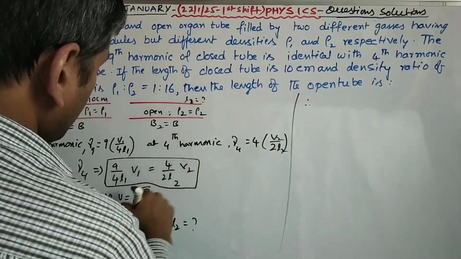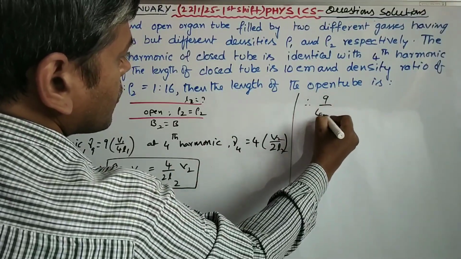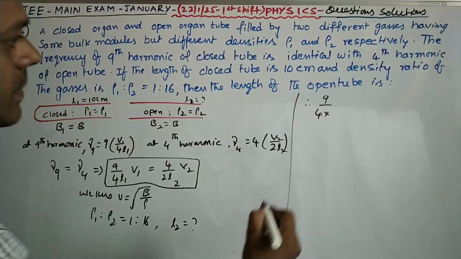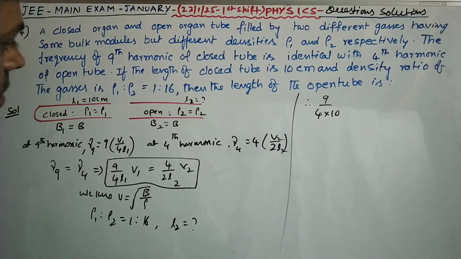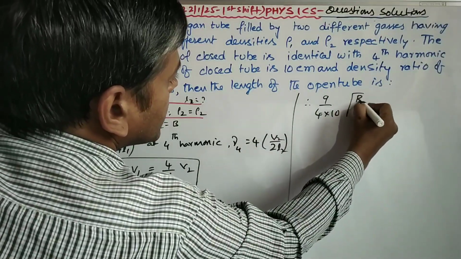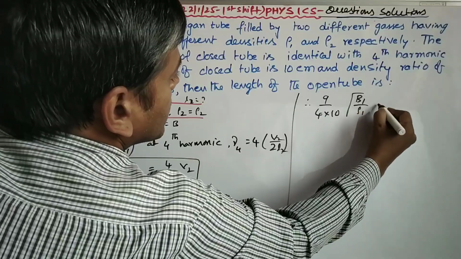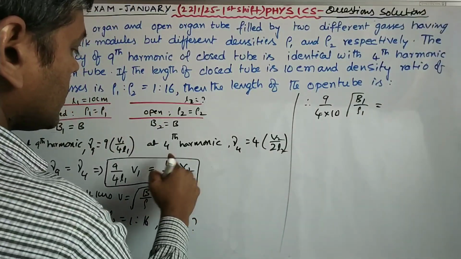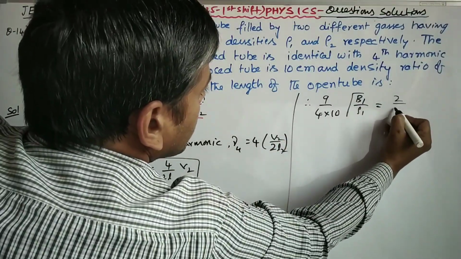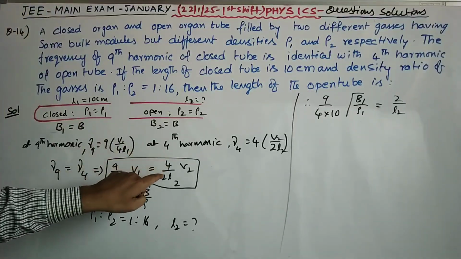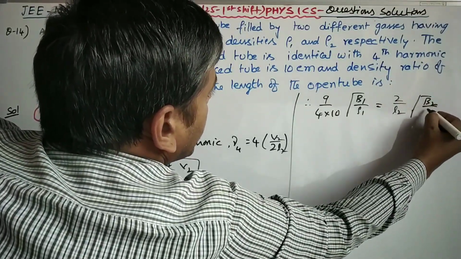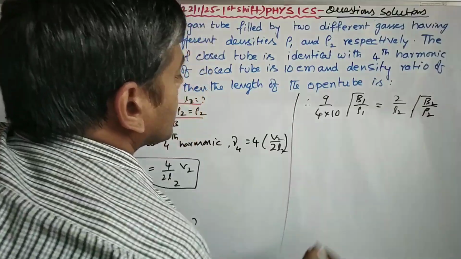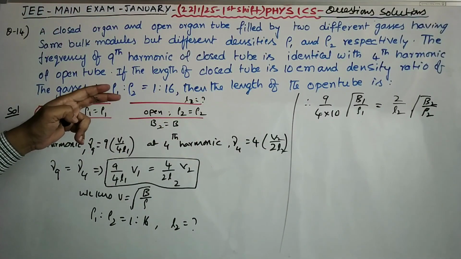Therefore, we can write 9 by 4L1, with L1 equal to 10 centimeter, so 9 by 4 into 10 into V1, which is root over B1 by ρ1, is equal to 2 by L2 into V2, where V2 is root of B2 by ρ2, the velocity of the gas in the open pipe.